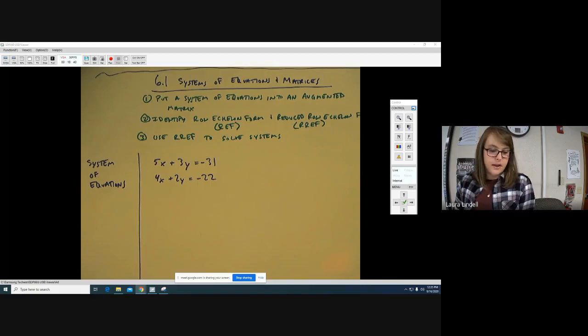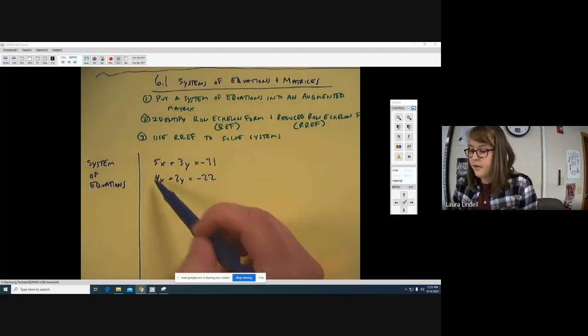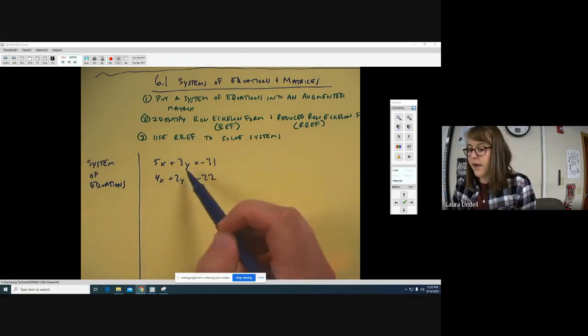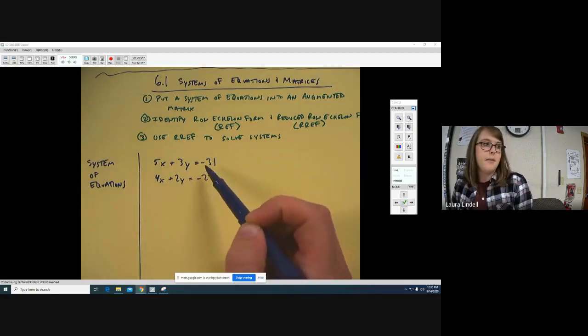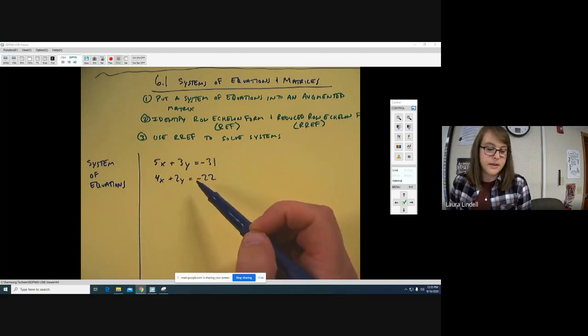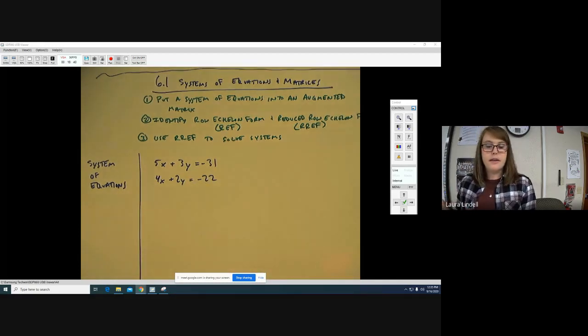So the thing is, people realize that if you took just the numbers out of here and got rid of the x and the y and the plus and the equals and everything and stuck it into a matrix, that you could do pretty much the same thing, except one, it looked a little bit neater. And it was sometimes a little bit easier to keep track of.